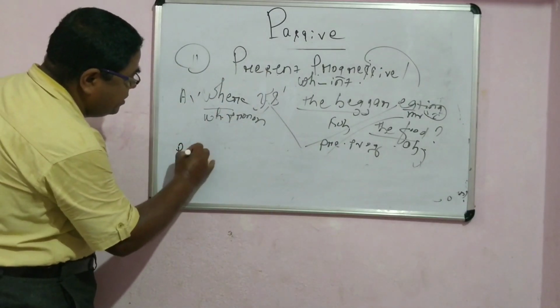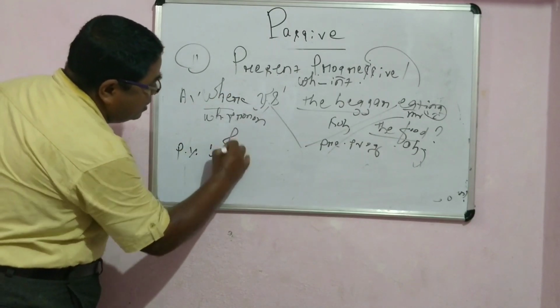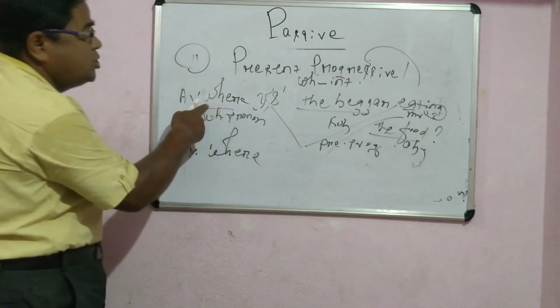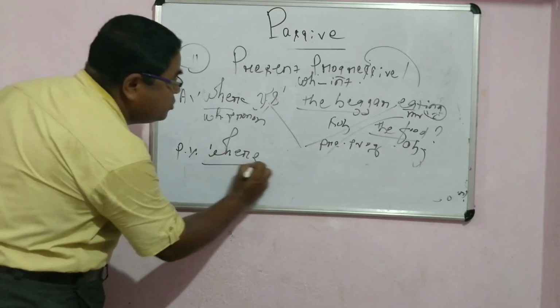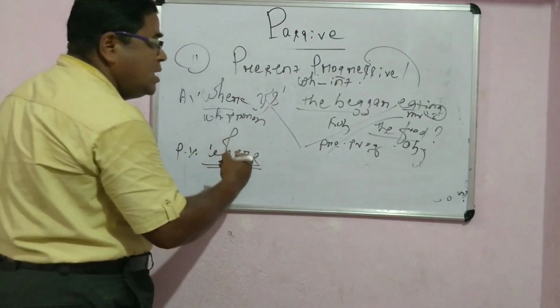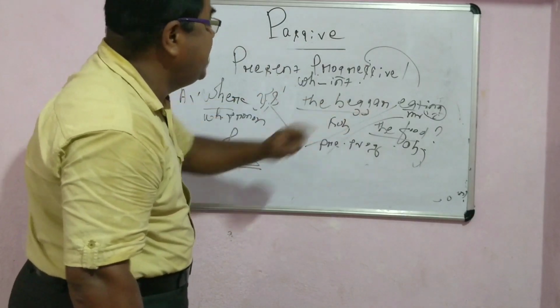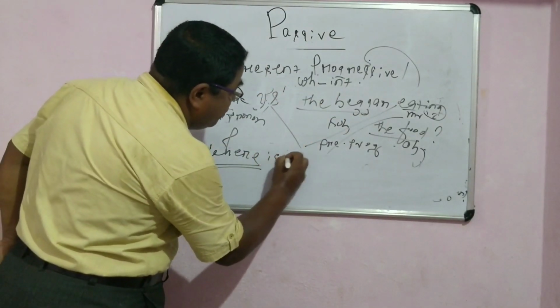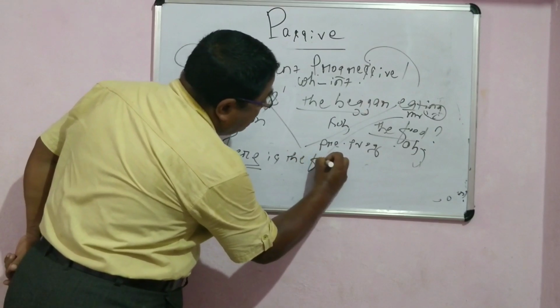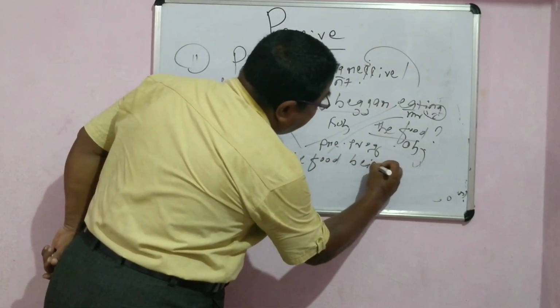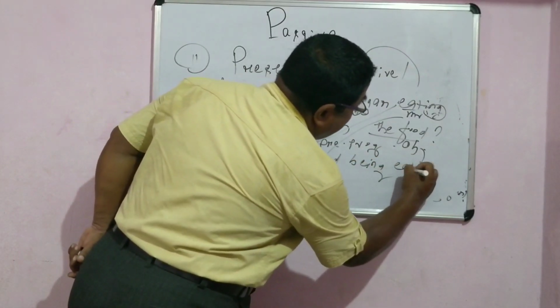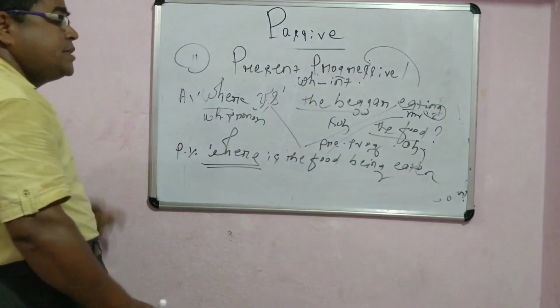Similarly, in the passive, you reproduce where. Now the active begins with where, so the passive should also begin with where. If it is "where is the beggar eating the food", that means "where is the food being eaten by the beggar?" Same formula, same rule, same method, same process.